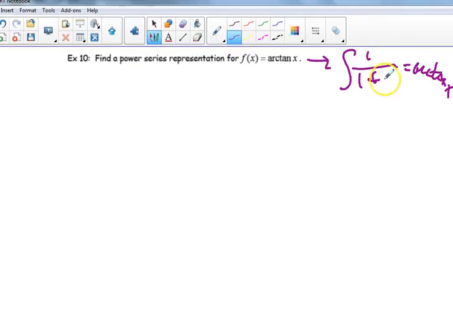Purple is my friend. 1 over 1 plus x squared. All right, now we already did this earlier in the notes. So you can flip back and say, oh, that's right. 1 over 1 plus x squared. That was like a cousin of Big Mama. Wound up being 1 minus x squared. So remember, I was substituting x squared in for everything in Big Mama's sister, 1 over 1 plus x, which was alternating.